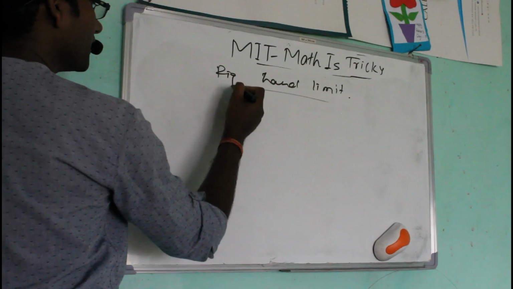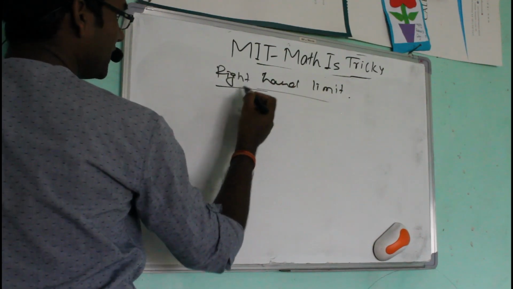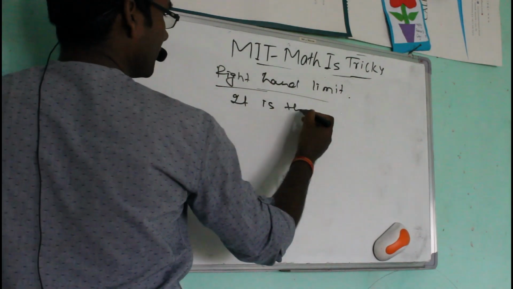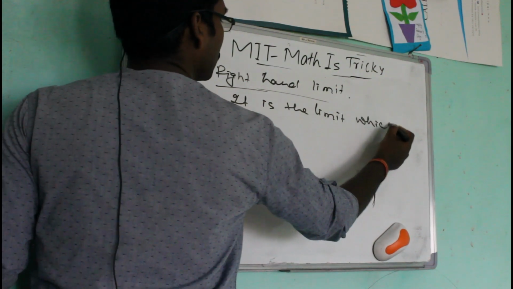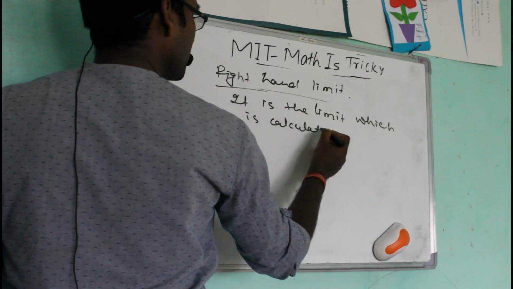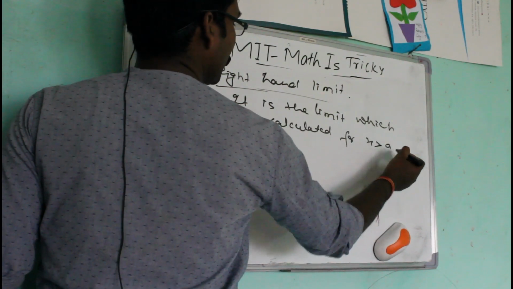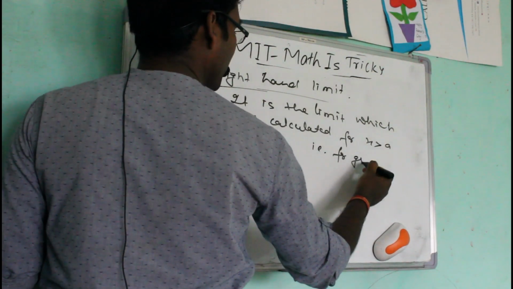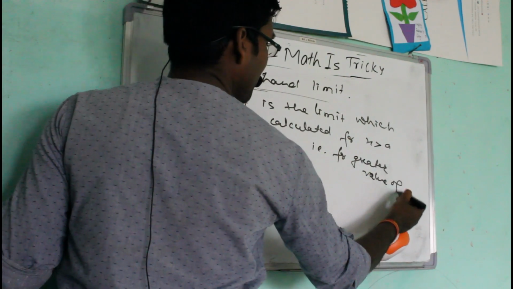So now next one is the right hand limit. The right hand limit is the limit calculated for x greater than a, that is, for greater values of x.